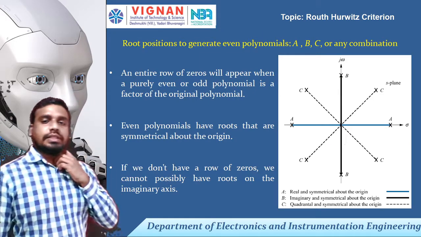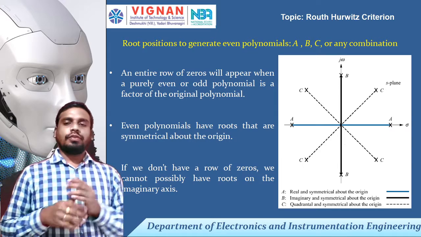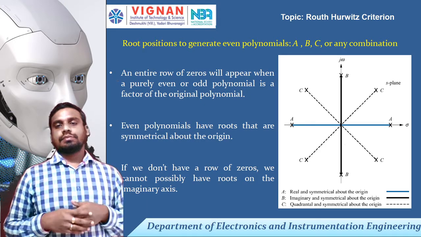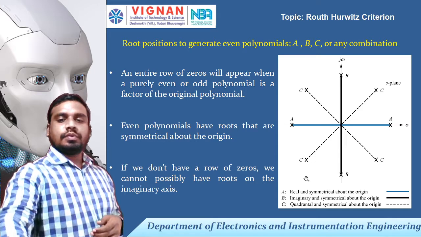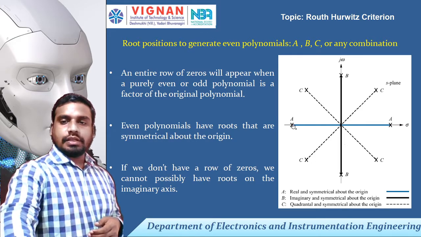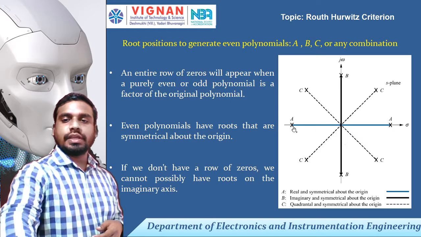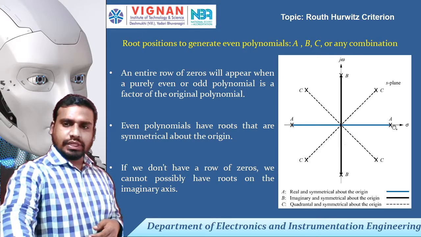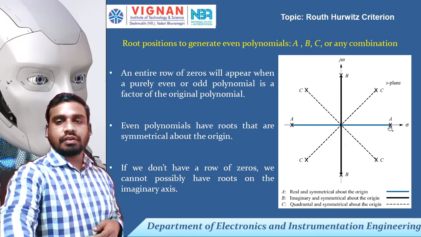In this, we'll consider three cases. What you have are poles on the imaginary axis and the real axis. You can observe in this diagram, A is a complex conjugate. Whatever the positive A is, at the same distance we have the other pole at negative A. In this case, the system is unstable because you have a pole on the right half of the s plane.